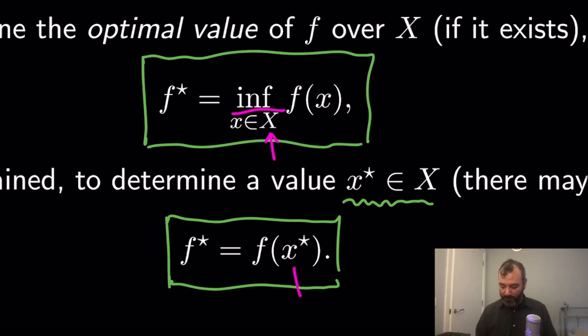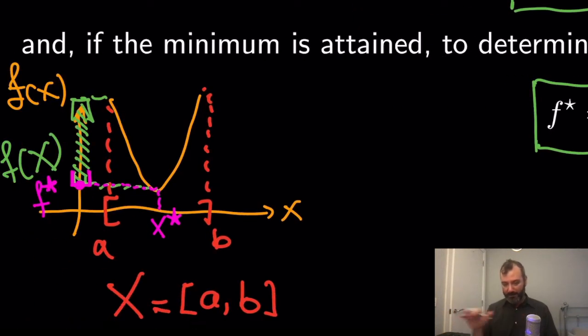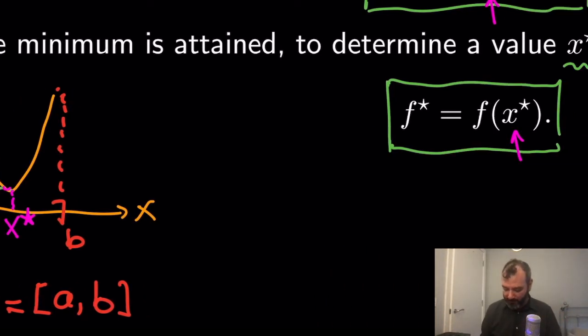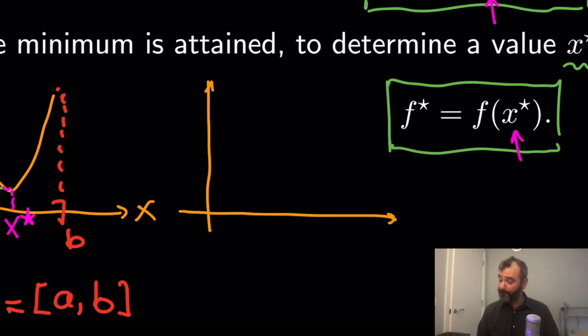And what is this point x star? This point x star is on the horizontal axis. It is of course between A and B, and corresponds to the best value, the infimum of my cost function. I'll give you another example. So suppose that the function looks like this now, like this. Simple as that. And x must be between here, point A, and here, point B.